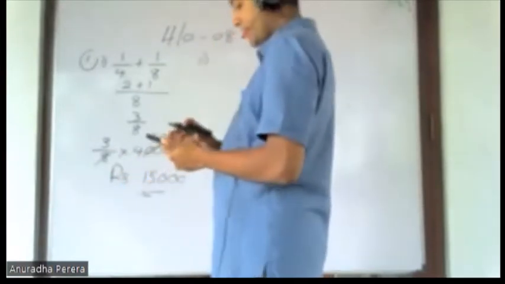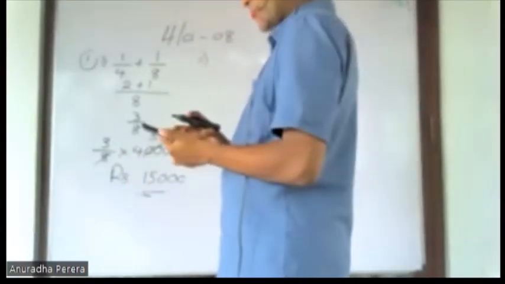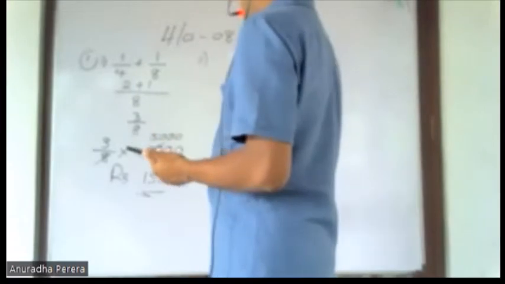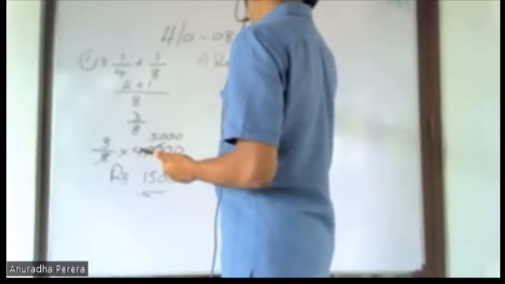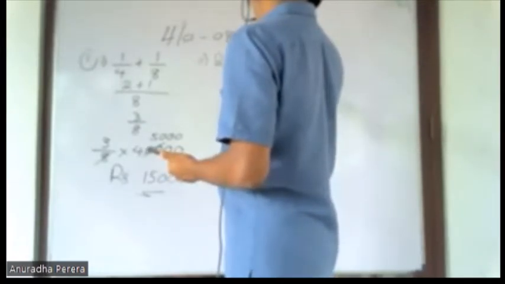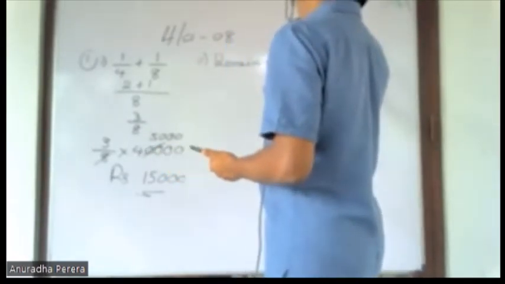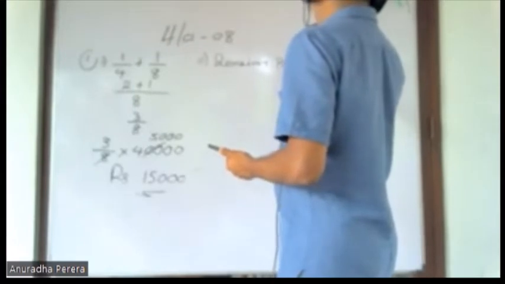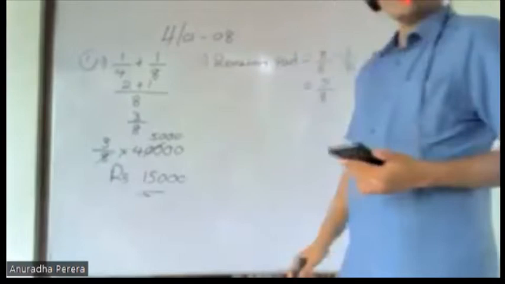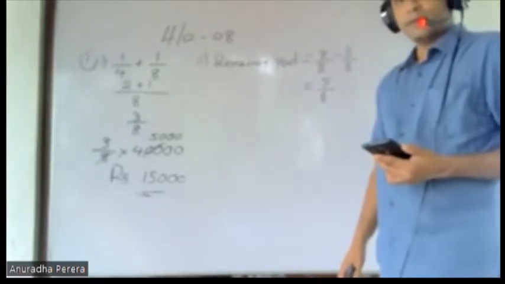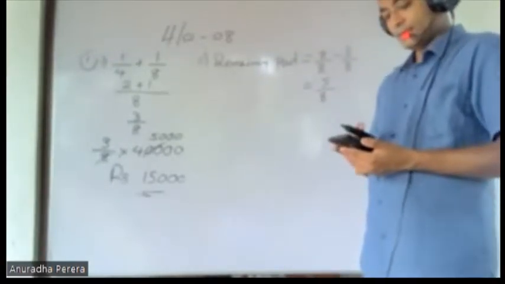Part 2. What fraction of the salary is spent on books? Then the remaining amount as a fraction is 8/8 minus 3/8, 5/8. This is the remaining part, right? 5/8.